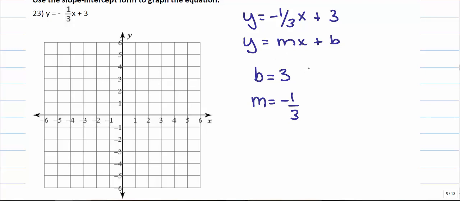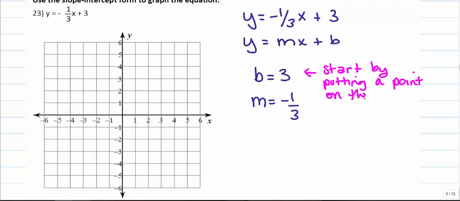So your first step is you're going to start by putting a point on the y-axis at the value of b, which would be here.